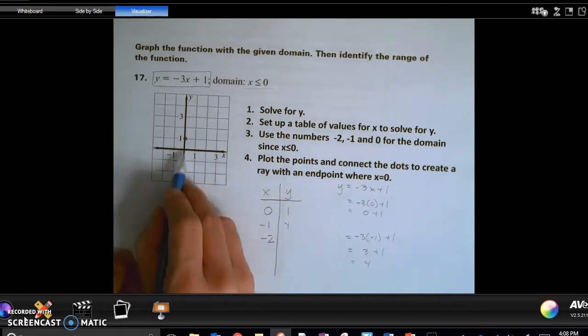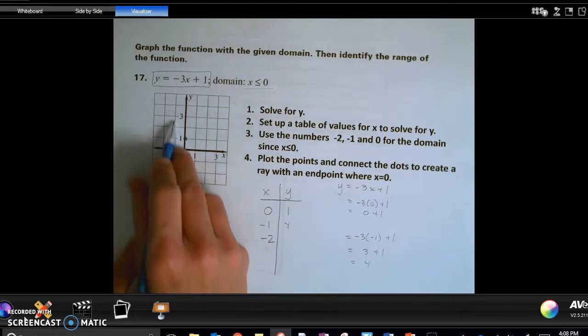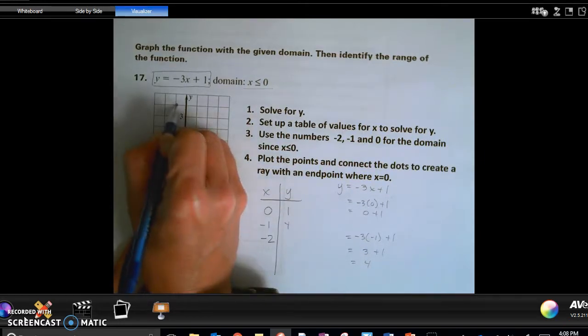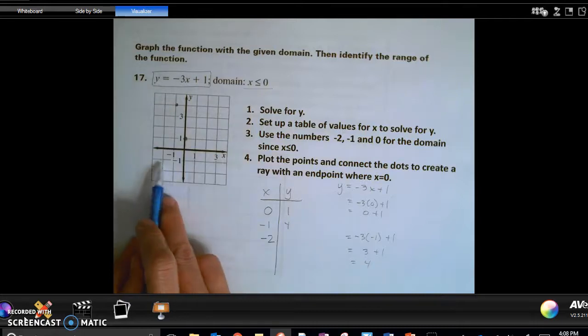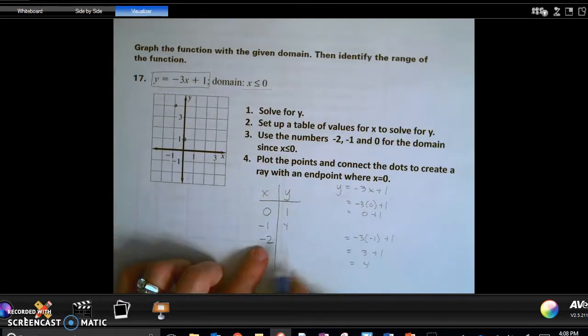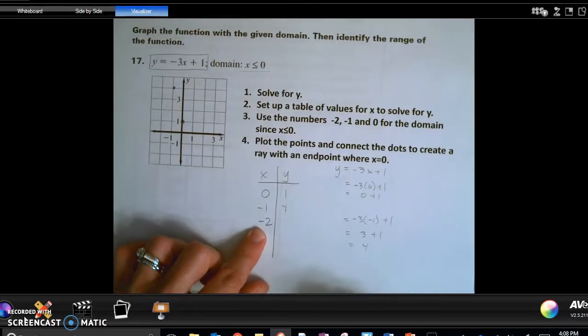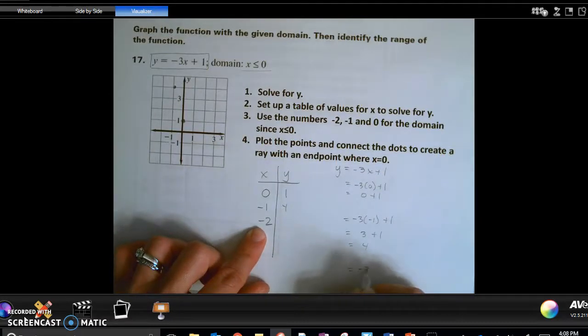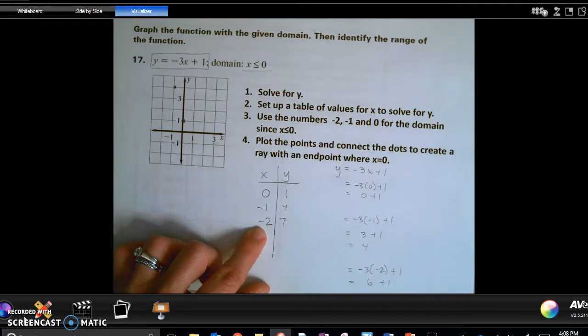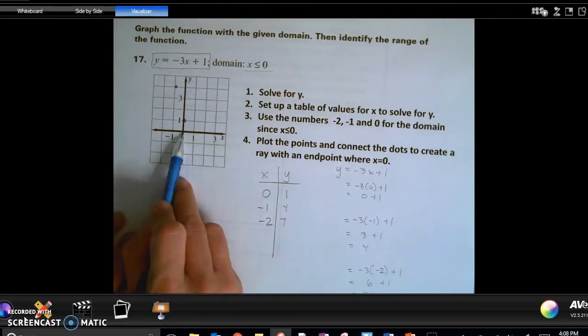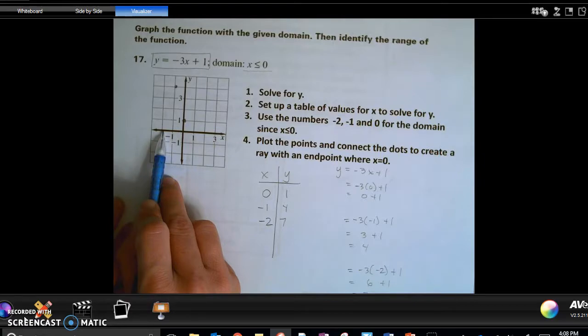So from the origin, I can go left 1 and up 4. Paying attention to my scale, I'm counting by ones on the x and y axis here. And finally, if I substitute -2 into my equation, that's -3 times -2, which is +6 plus 1, which is 7. So from the origin, I'm going to go left 2 and up 7.